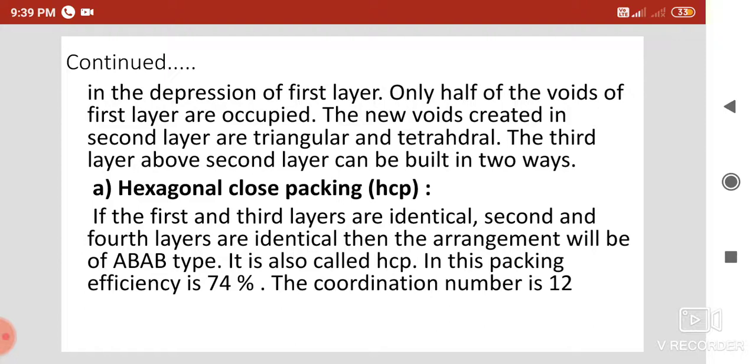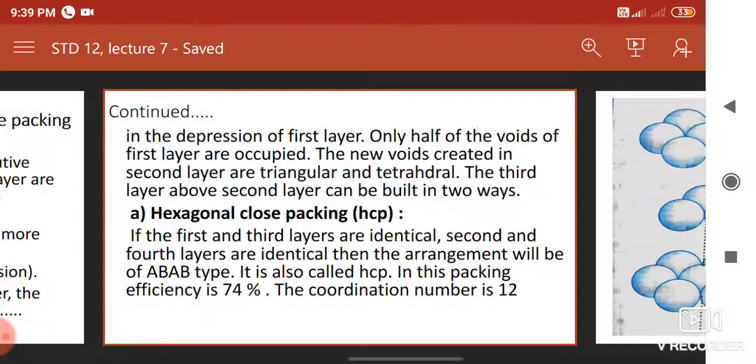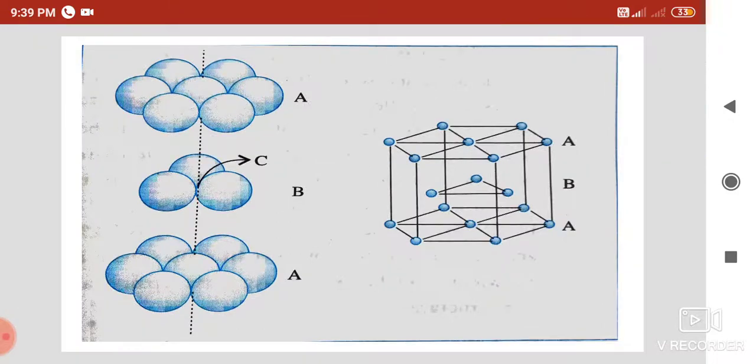You can see the diagram. In that diagram this ABAB type is shown, where the packing efficiency is 74% and the coordination number is 12. You can see here in the diagram the first and third layers are identical, the second and fourth layers are identical, and so on. Such structures are called the HCP, hexagonal close packing structure.